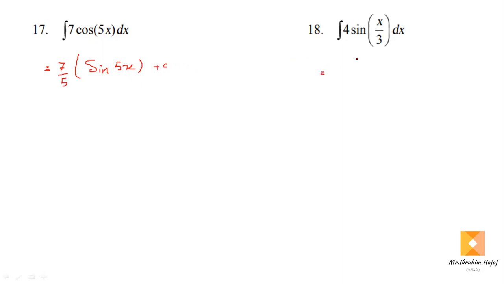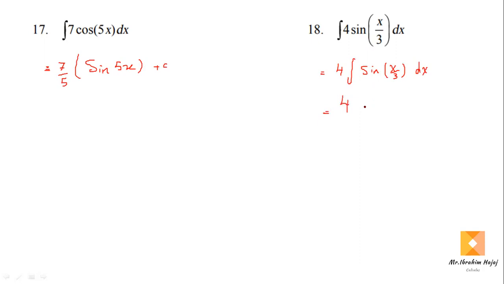Next question: the integral of 4 sine x over 3 dx. These are all simple trig equations. In the next period, we will start the hard questions involving sine and trig functions. Here we take the 4 outside, and then the integral of sine x over 3 dx.